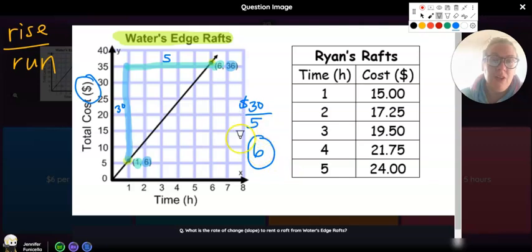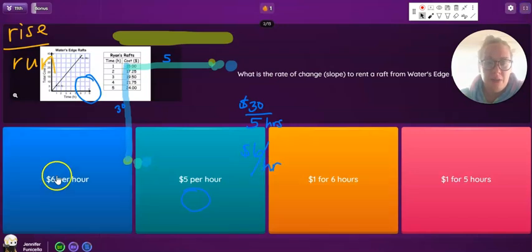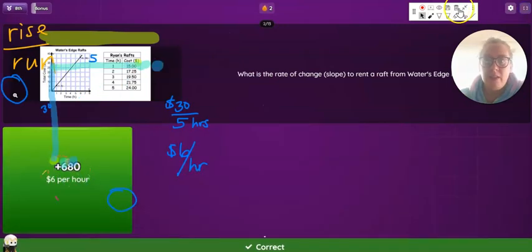So it's dollars per our X variable is hours. So that means that this particular raft company is $6 for 1 hour. That's the rate. $6 for 1 hour. So we're going to do 6.